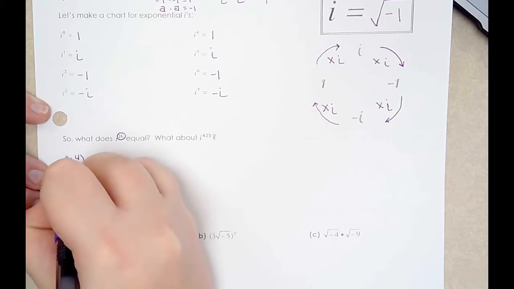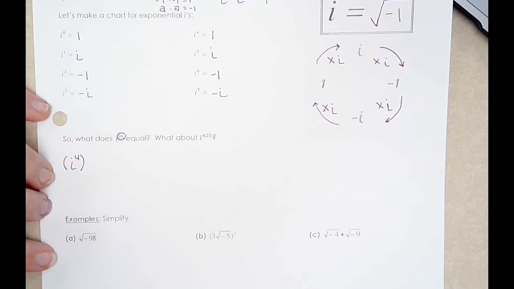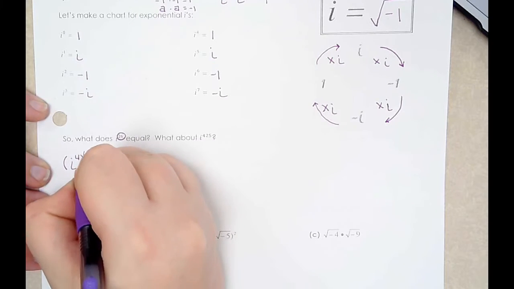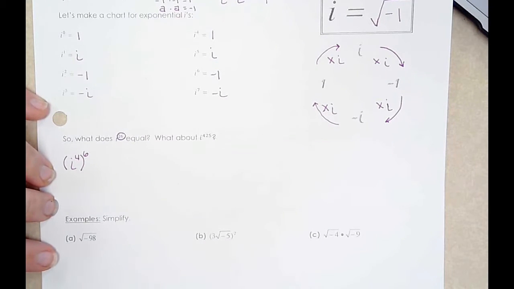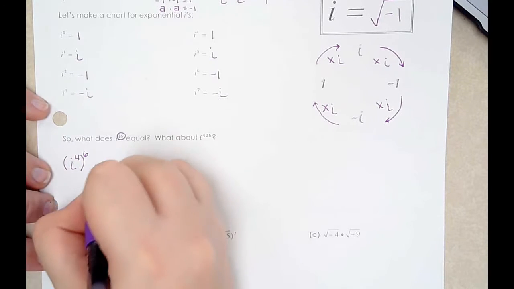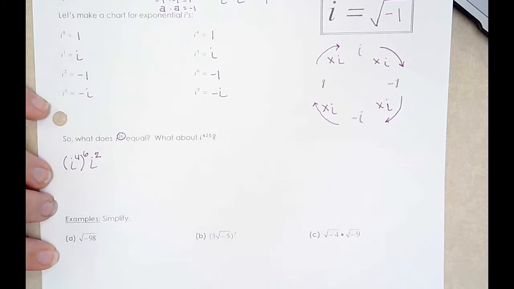But how do I go from i to the 4th to the 26th? Well, if I take i to the 4th and I raise it to the 6th exponent, I get i to the 24th. That's pretty close, and then all I'd have to do is multiply by another 2 i's, right?